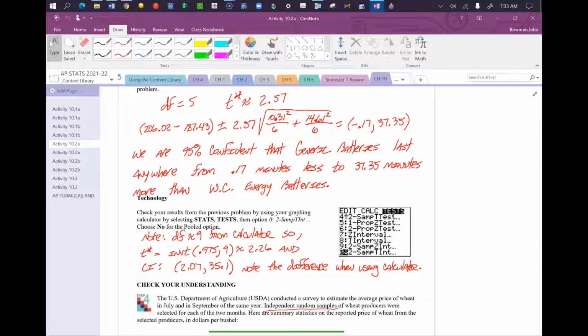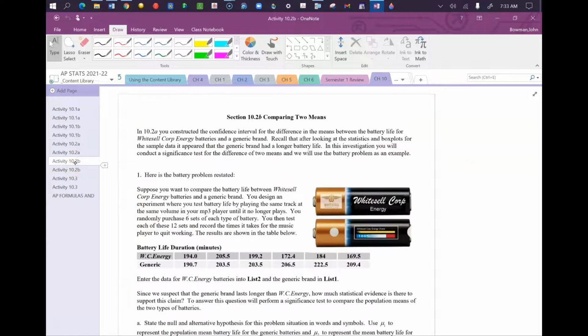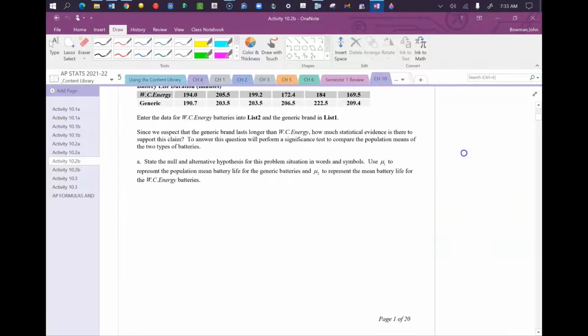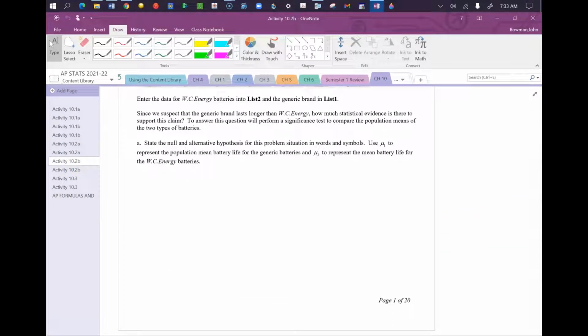We're going to follow that up with a hypothesis test for the difference of two means, and we're going to use that same context. To start out, we have the null hypothesis, H naught: mu of generic minus mu of WC energy is equal to 0.